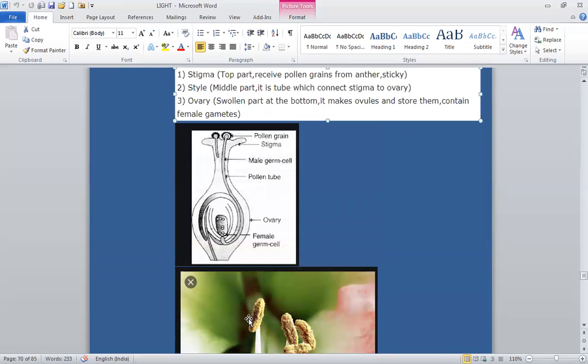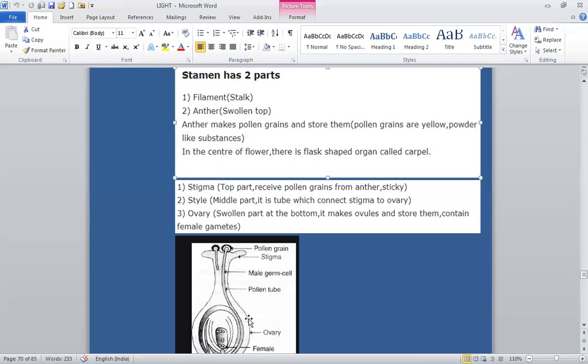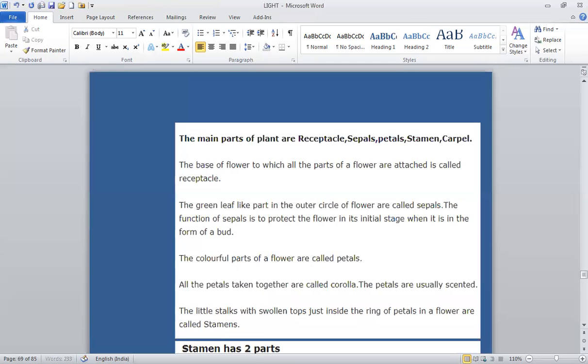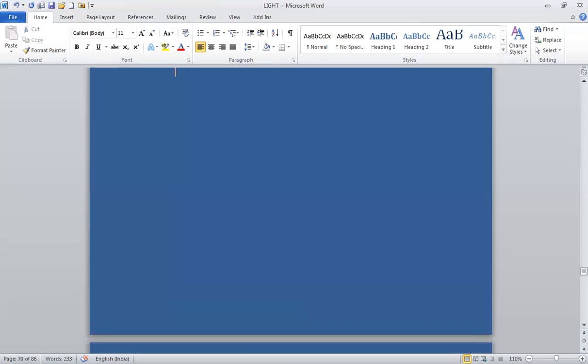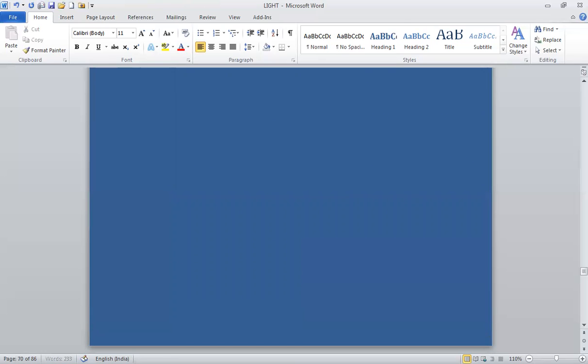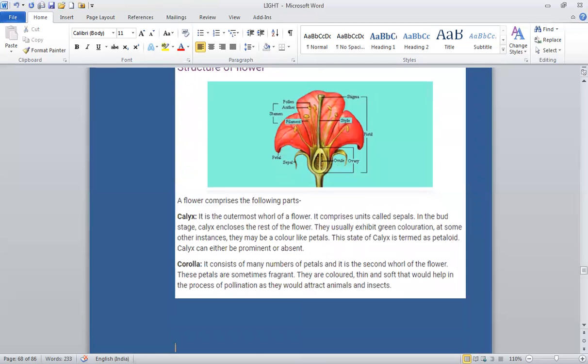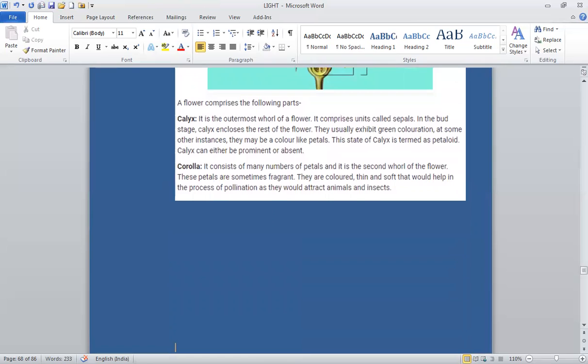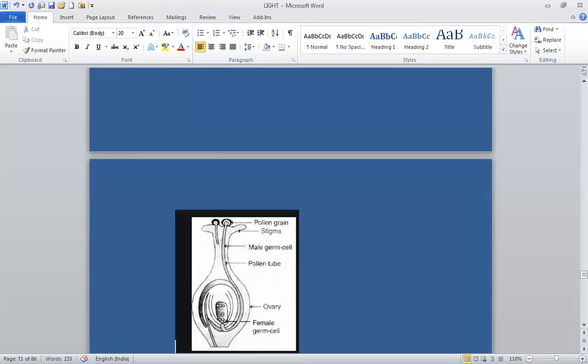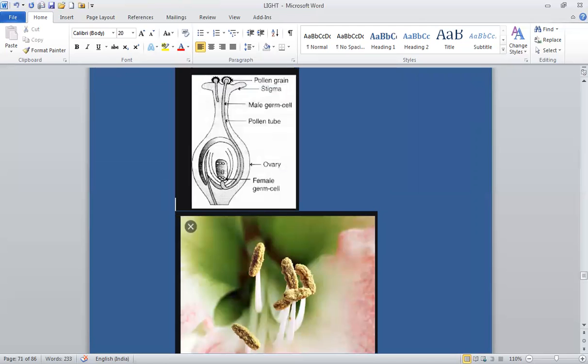Now we'll study about the carpel. Carpel is also known as pistil, gynoecium, and the unisexual flowers which contain only the carpel are known as pistillate flowers.